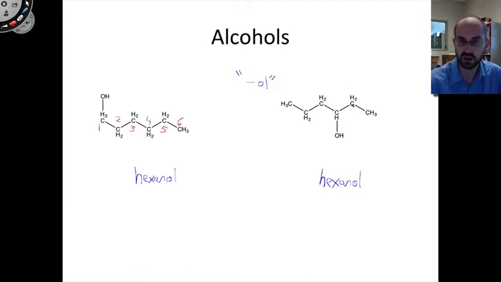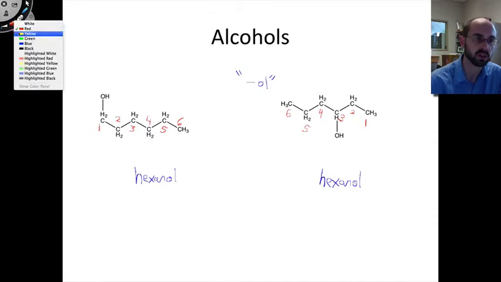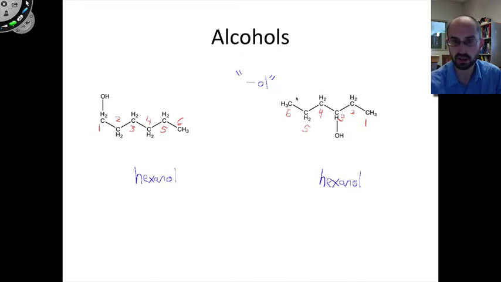We could do 1, 2, 3, 4, 5, 6, or we could do 1, 2, 3, 4, 5, 6. Let me write that out. So with the red, I've numbered from the right, and I'll use green here to number from the left.